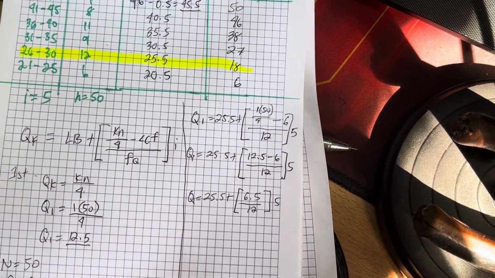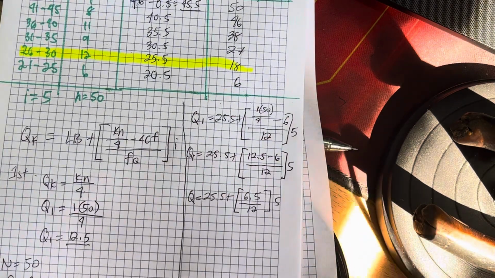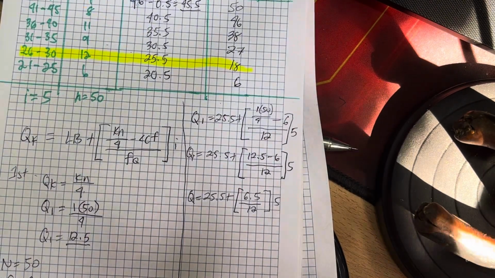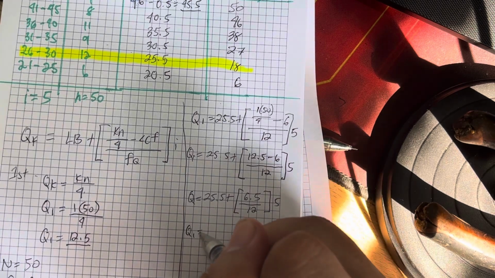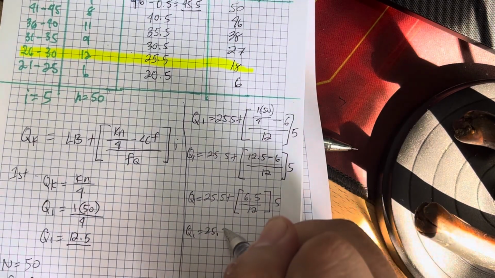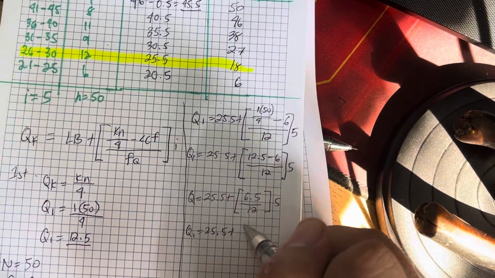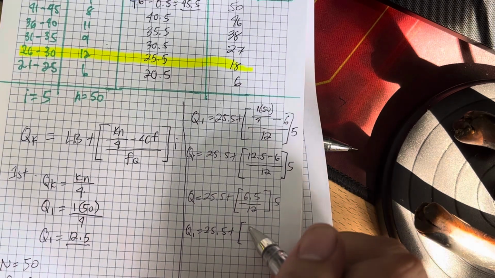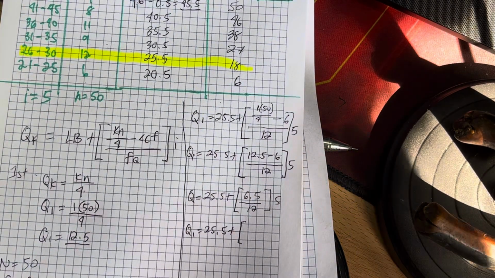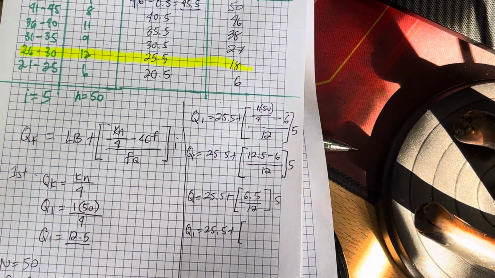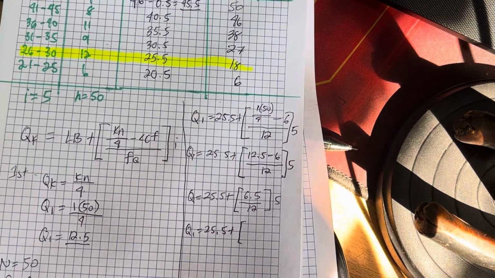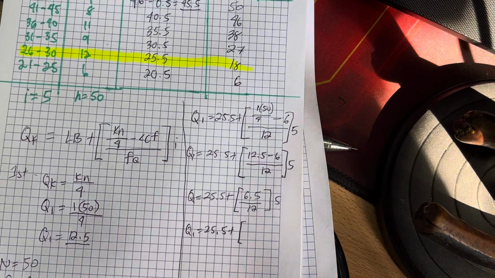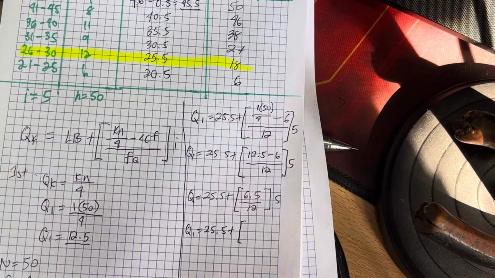Next. Q1 is equal to 25.5 plus 6.5 divided by 12, then imomultiply sa ating 5.